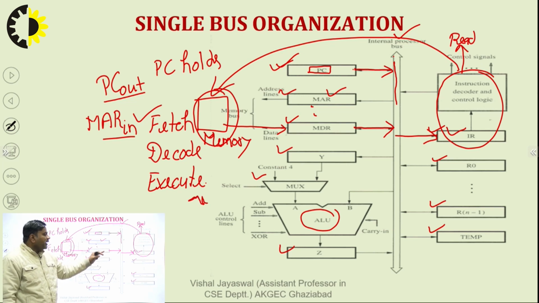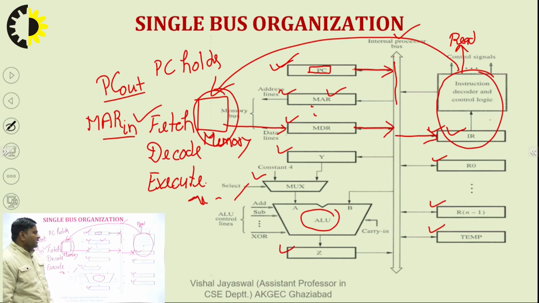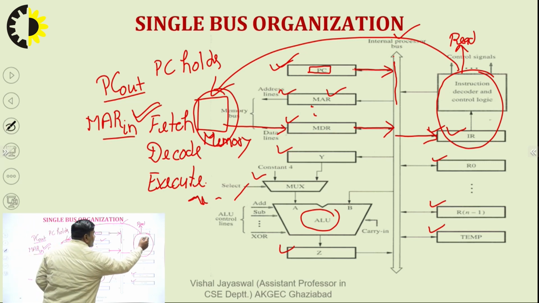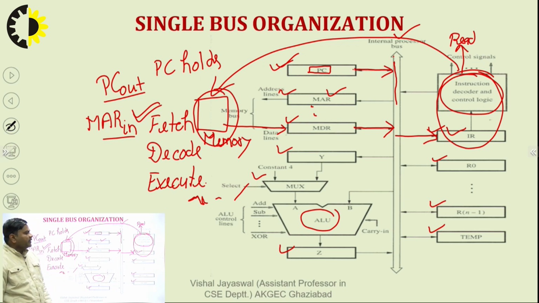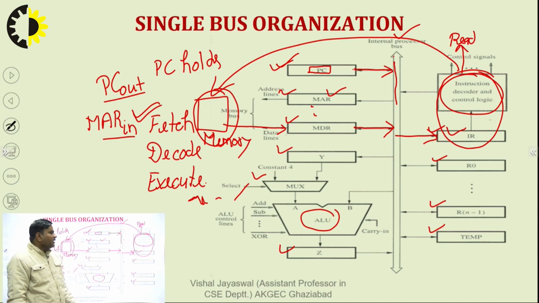Then the instruction goes on the internal processor bus and is received in the instruction register. In this way we perform the fetch phase. After that decoding is performed, and the instruction decoder and control logic read the instruction present in the instruction register and generate the control signals accordingly.